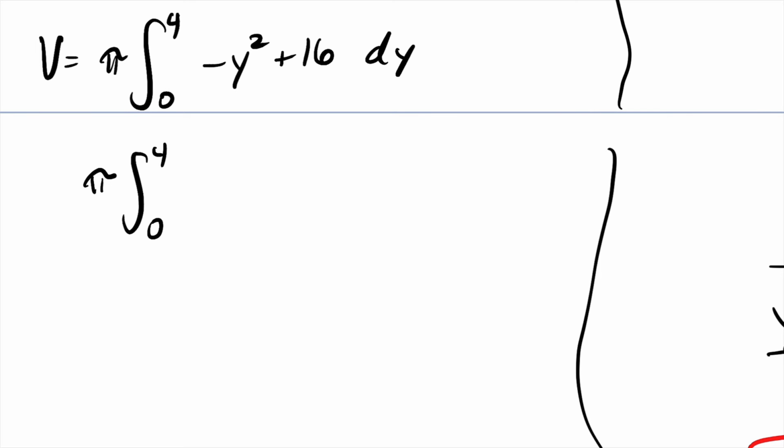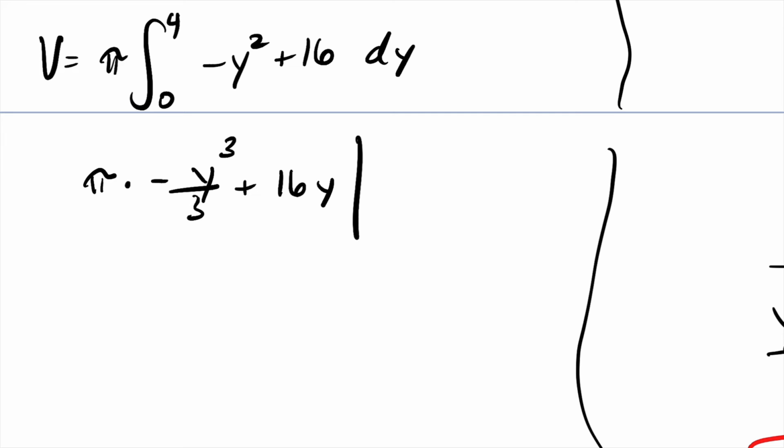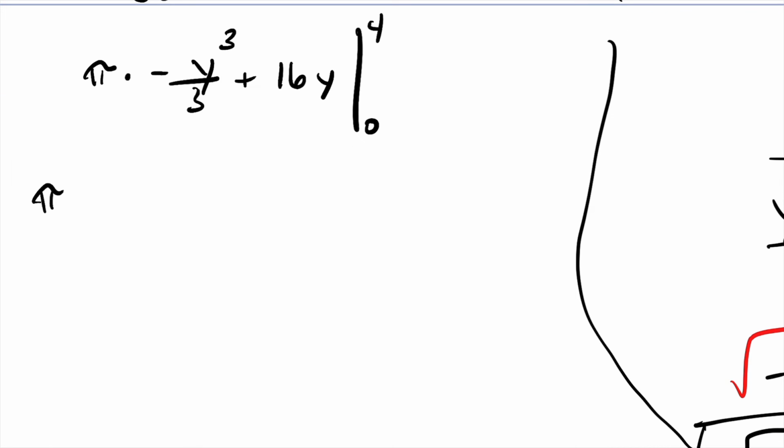Good practice. From 4 to 0, pi times the integral, so it'd be negative y cubed divided by 3 plus 16y, and I have to evaluate it from 4 to 0.